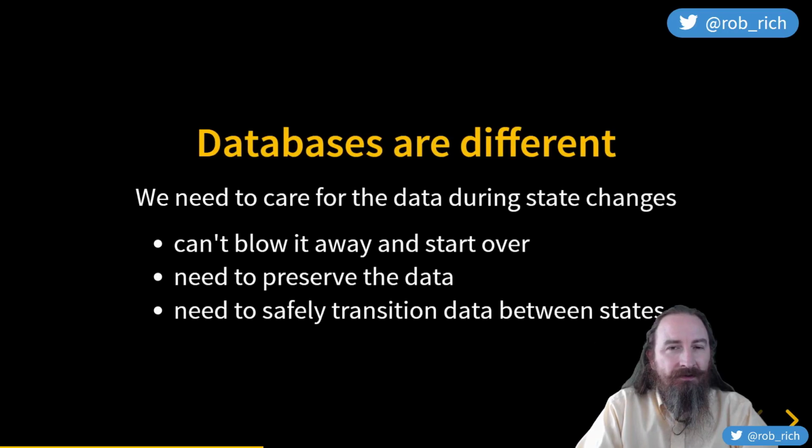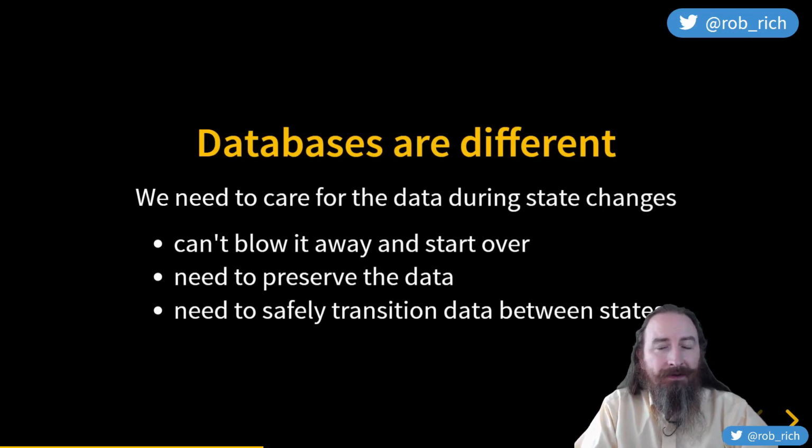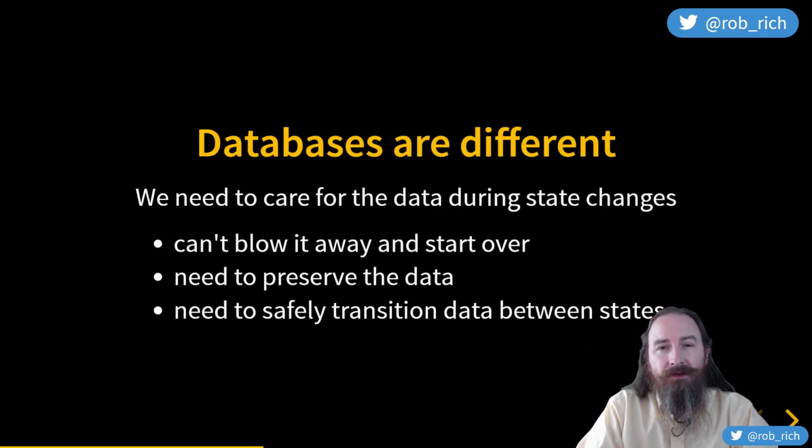Now, as we look at the DevOps pipelines for databases compared to applications, the database pipelines are a little different. In an application DevOps pipeline, once we finish, we blow away the production results and we install a new version of the application. We can't really do that with databases because, well, users get kind of grumpy when we just, I don't know, destroy their data.